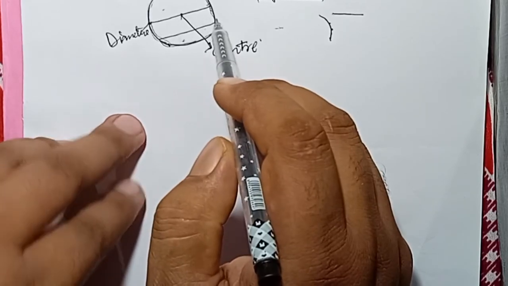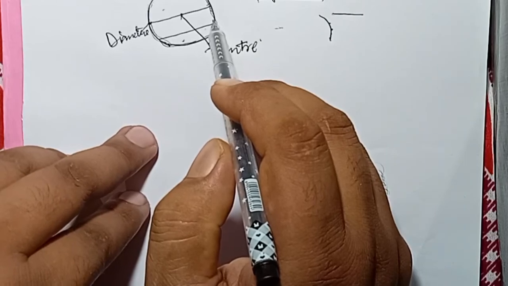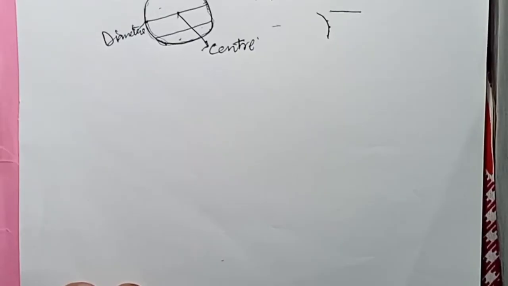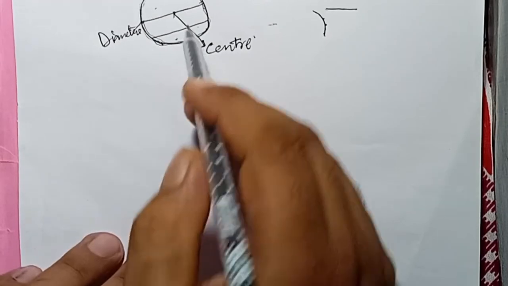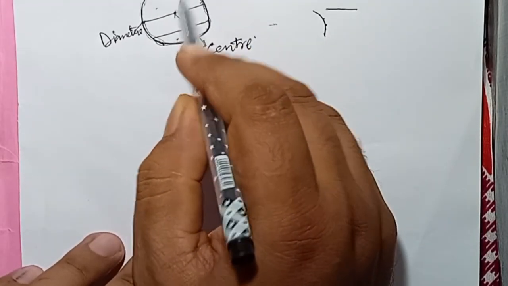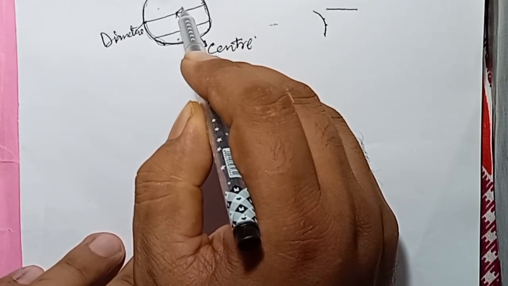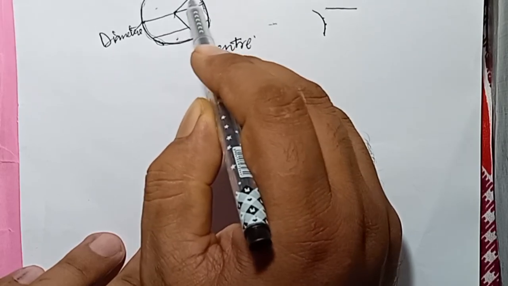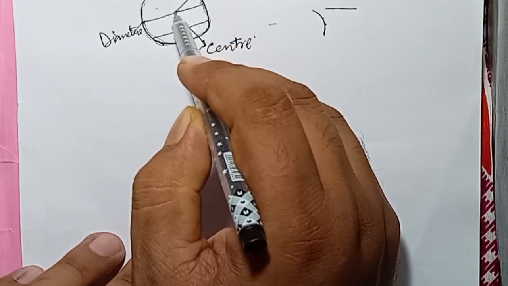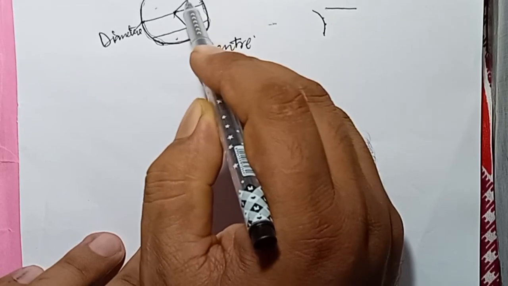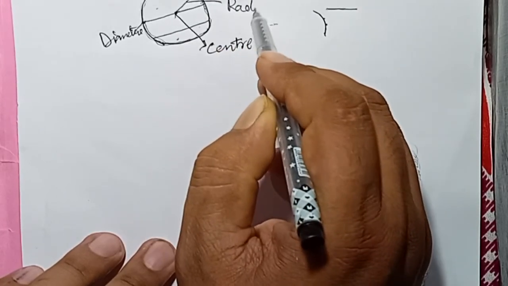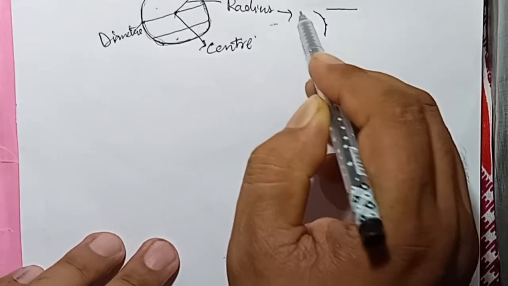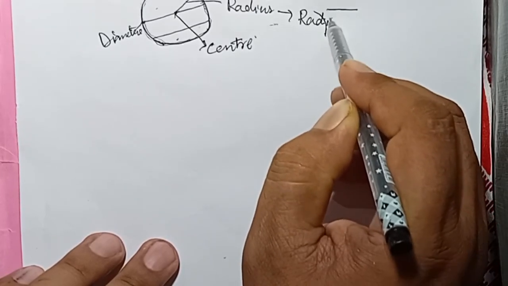You have understood these things in your previous classes. The line drawn from the center to the boundary of the circle is called the radius, and the plural of radius is radii, R-A-D-I-I.